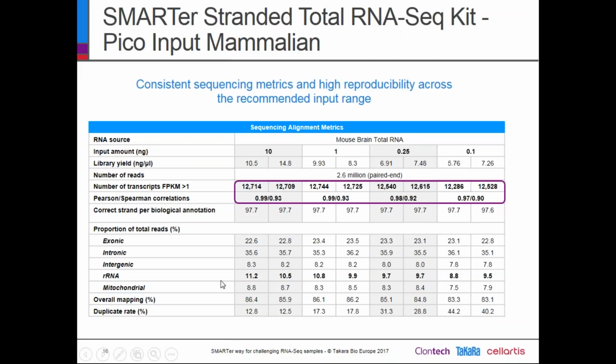Something that you may notice here is the percentage of ribosomal RNA that is detected in these Pico libraries. If we compare to RiboGone, the technology that I mentioned before, RiboGone is a very efficient technology. You will end up with only around 1% of ribosomal RNA.